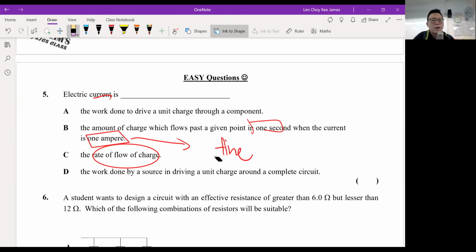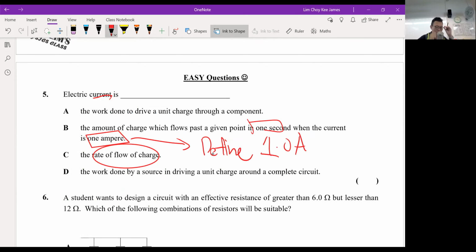It actually defines a particular type of current, which is 1 amp. So option B actually refers to the definition for 1 ampere. If the question asks for the definition for 1 ampere, it will be the amount of coulombs, the amount of charges flowing through a given point in 1 second.